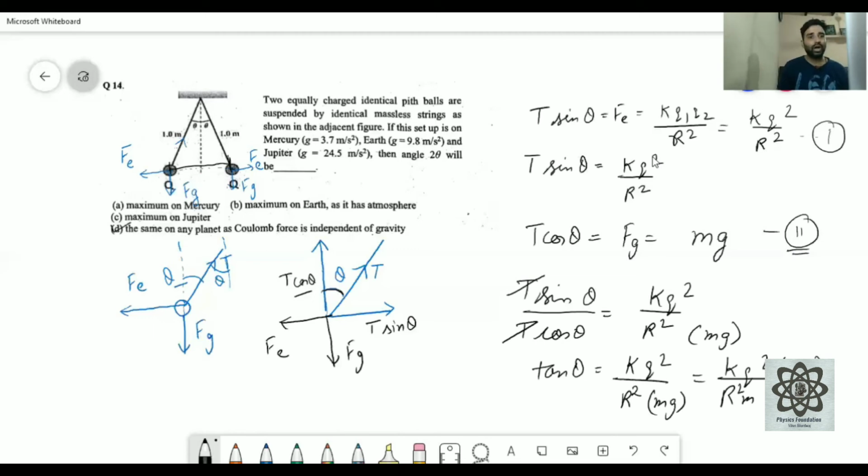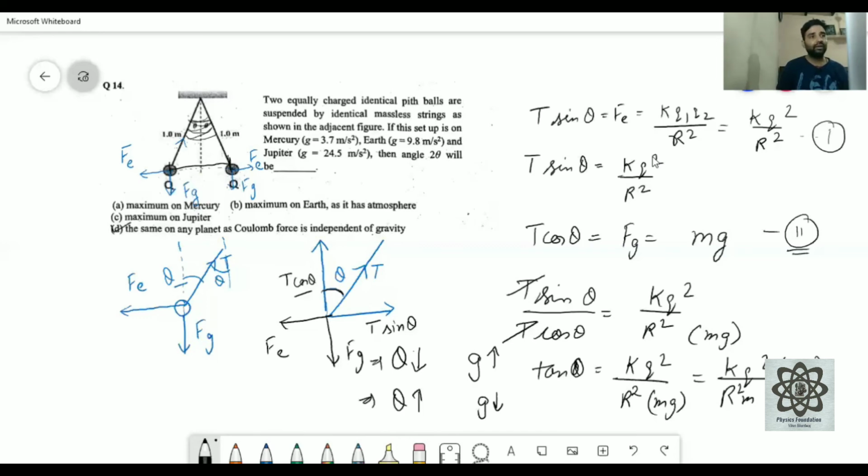So how will the angle between these two charges change? As we see, g is inversely proportional to tan theta. This means as g increases, theta will decrease, and as g decreases, theta will increase.